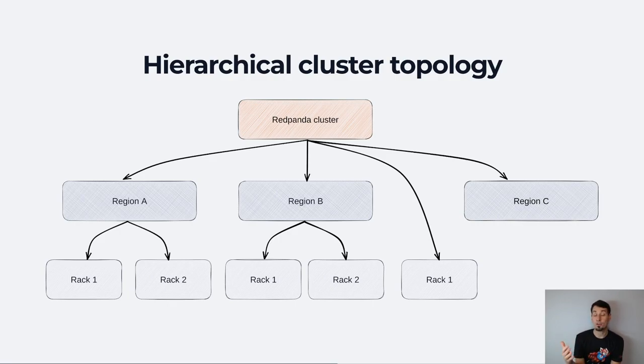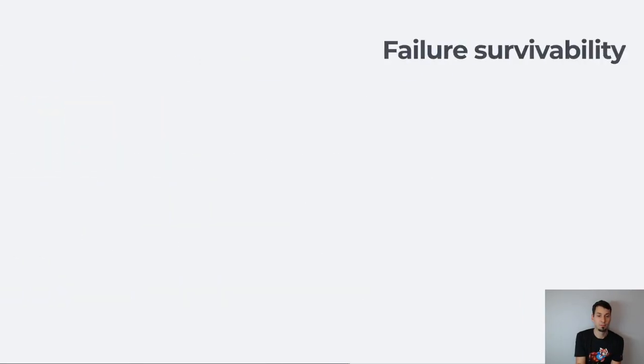Regions usually represent separate geographic areas, whereas availability zones or racks exist in the regions, and they are also separate, but they may be in the same data center. Each region may or may not contain multiple Redpanda nodes. Basically, each tree node in here may have Redpanda servers assigned to it.